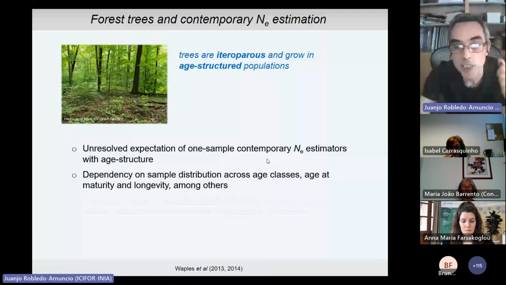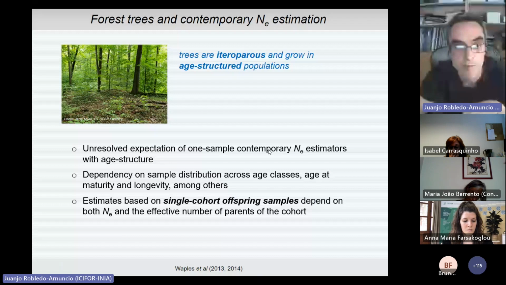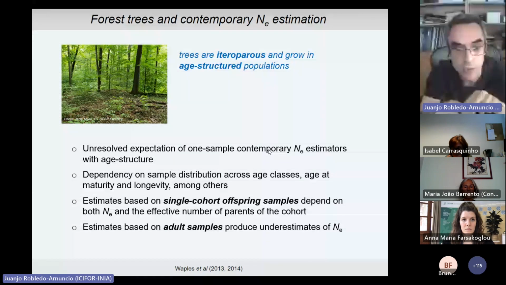Then if we sample a single cohort of offspring, what we get depends not only on the effective population size, but also on the effective number of parents contributing to the cohort. On the other hand, if we sample only random adult samples, the presence of age structure will result in an underestimation of NE.